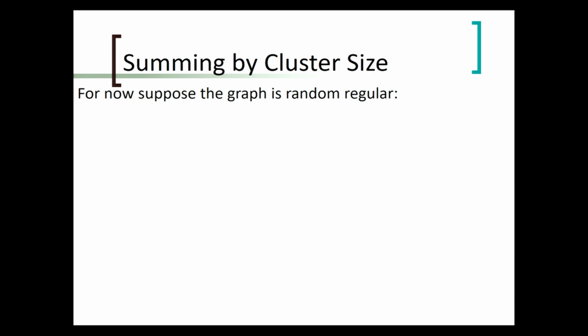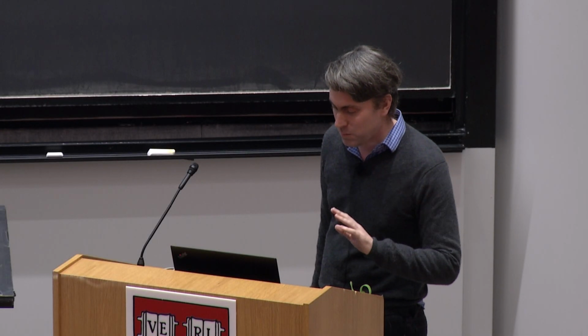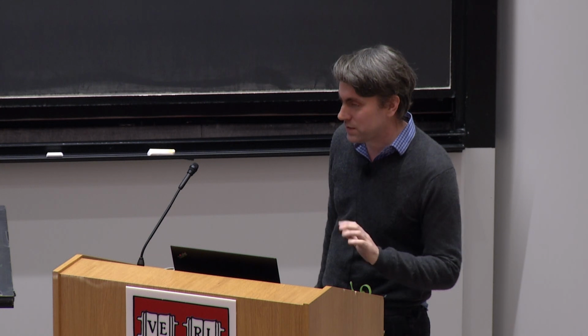And I want to do it in the context of, say, models on a random regular graph rather than an Erdős-Renyi random graph because, for some technical reasons that I don't want to get into. Okay, so this is a presentation for the next few slides on the predictions from physics.